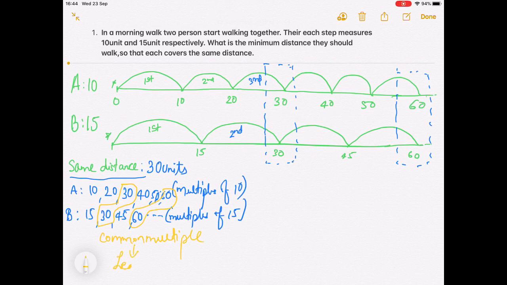That means we had to find the least common multiple. So all of this actually comes out to be LCM. So 30 is nothing but the LCM of 10 and 15, which is 30. So this example actually helps you understand or visualize what LCM actually is.